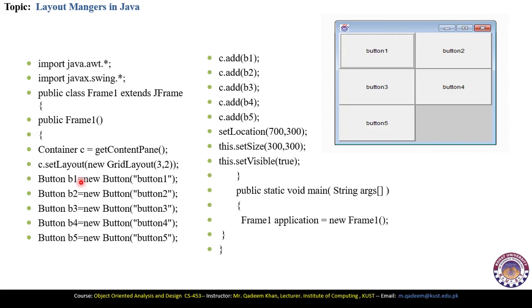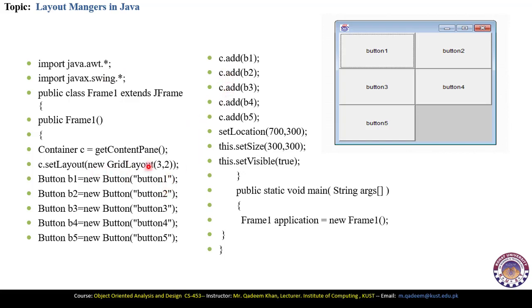Now first we have defined some buttons, button 1, button 2, button 3, button 4 and button 5, with labels given through their constructors, and the new operator allocates memory for these buttons. The button class is implemented in the swing components. Then we have added these buttons to the container.